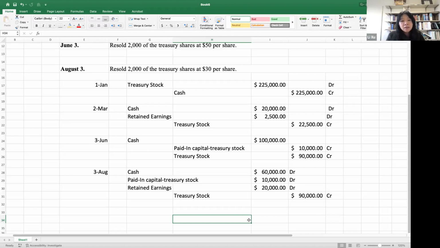The difference, if you have a gain, goes into the cookie jar, which we call the paid in capital treasury stock account. If you have a loss, first look at whether you have a cookie jar and whether there is a cookie in it. If you don't have any cookie, use retained earnings to book the loss. If you have a cookie, take out whatever you have in the cookie jar first, then the leftover uses retained earnings. That's all.